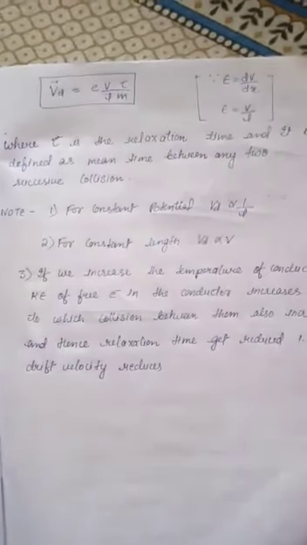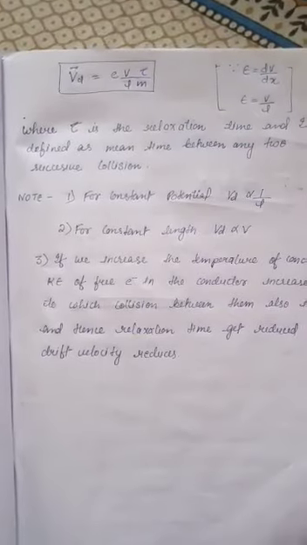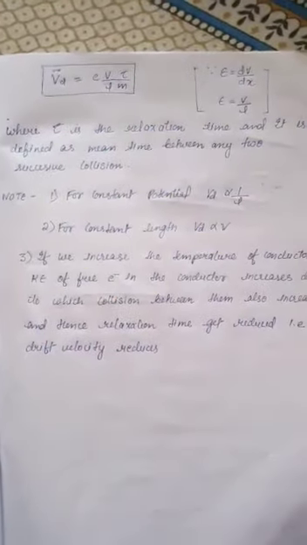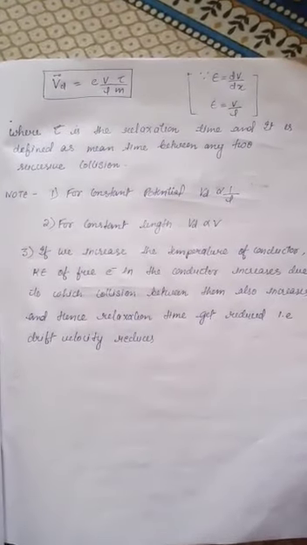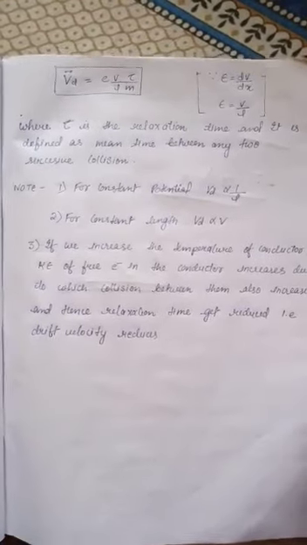In the place of E we can write V/L, then vd = eVτ/(mL), where tau is the relaxation time, defined as the mean time between any two successive collisions.